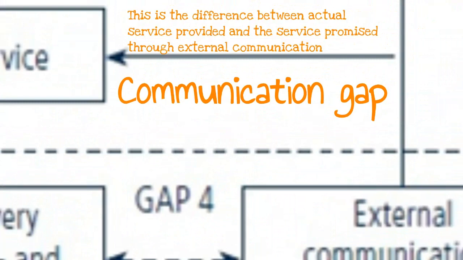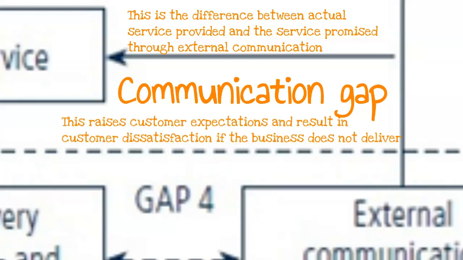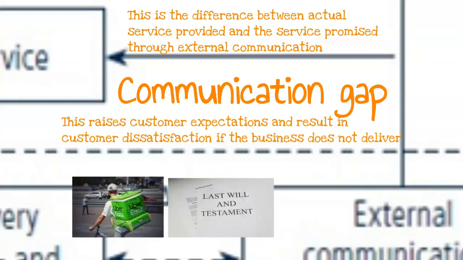Now we move to the communication gap, and this happens more often than not. And this is the difference between the actual service provided and the service promised through external communication. It raises the customer's expectation and results in the customer dissatisfaction if the business does not deliver as promised publicly.